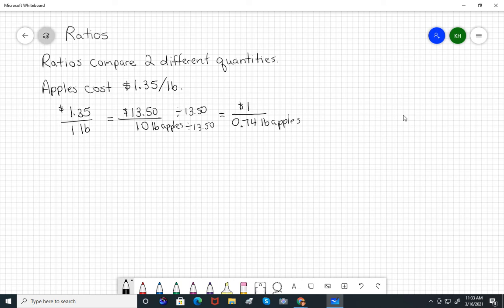Now, the lesson that we're dealing with talks a lot about population density. In this case, you're comparing population, which is the number of people, to the area.